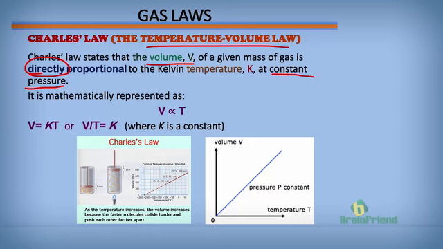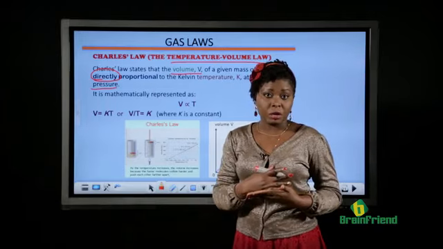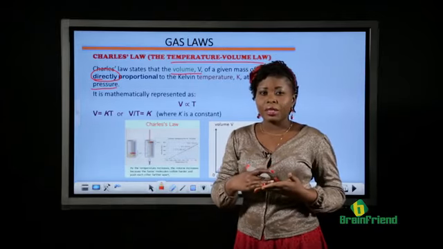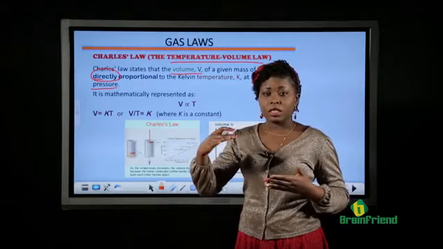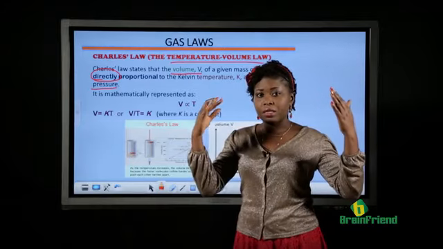So when we have fixed mass of gas and we have fixed pressure, this law is telling us that the volume of the given mass of gas is going to be directly proportional to the what? Kelvin temperature. So it means that as one variable increases, the other also increases.